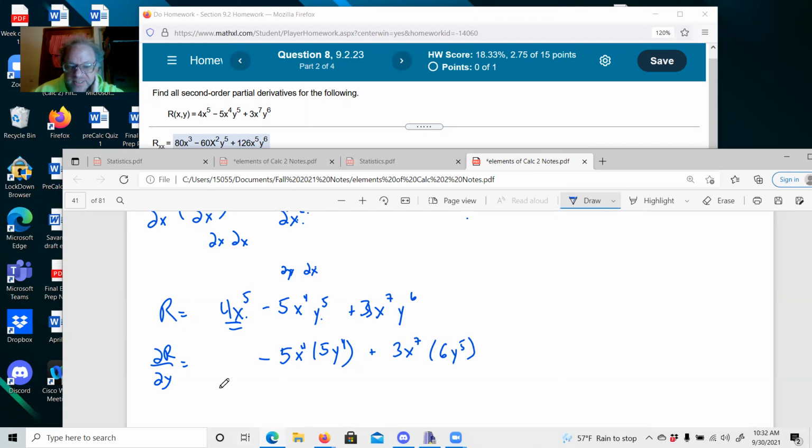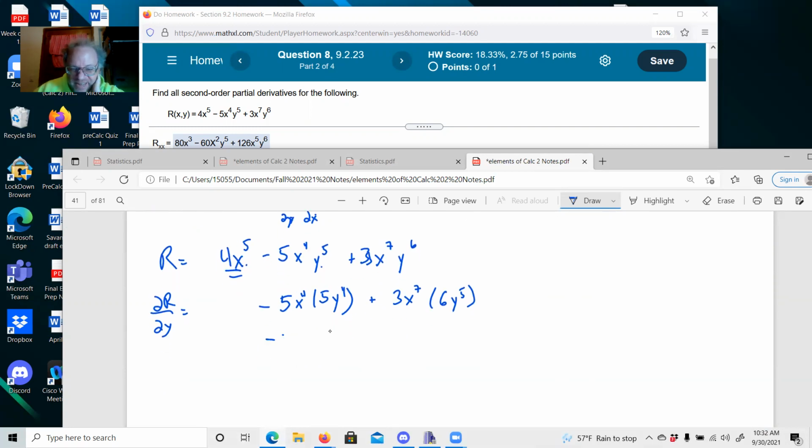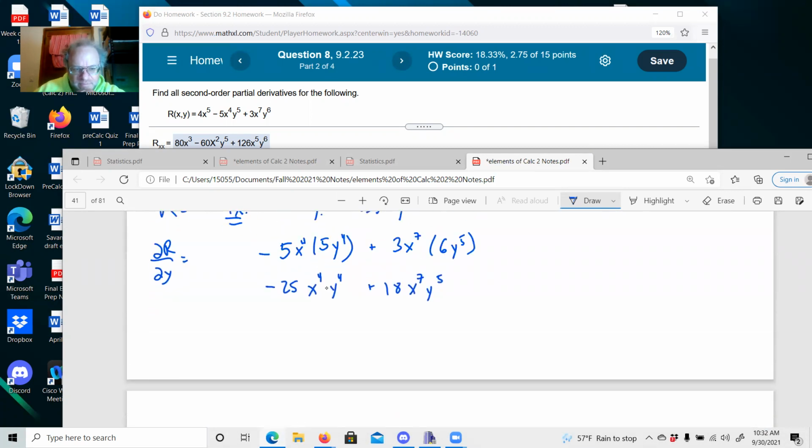All right, let's clean this up a little bit. This is going to be negative 25 x to the 4th y to the 4th plus 18 x to the 7th y to the 5th. That's how we do it. Next, d squared r dy squared. We're taking the second derivative with respect to y.